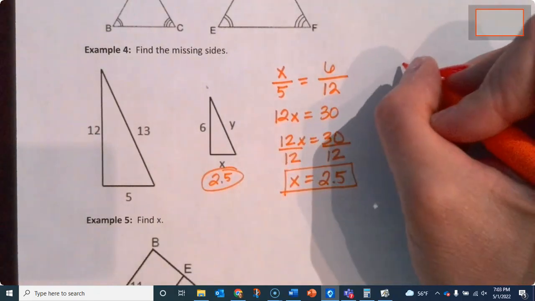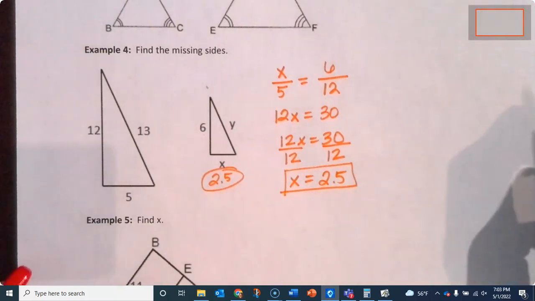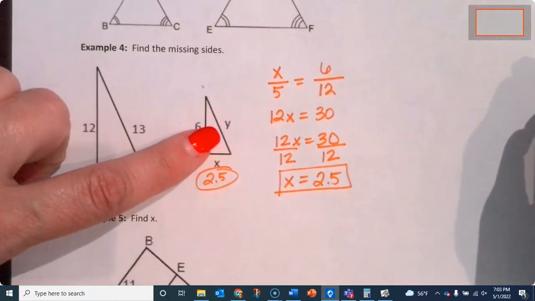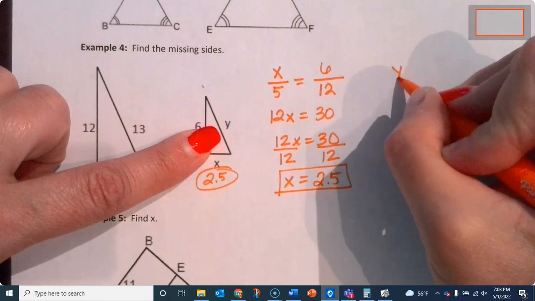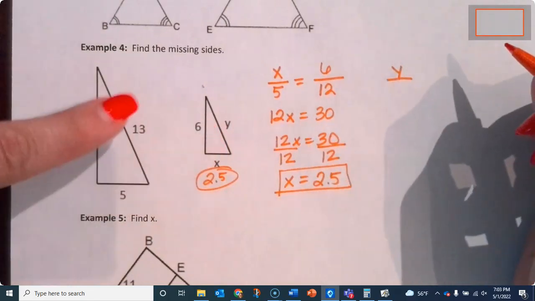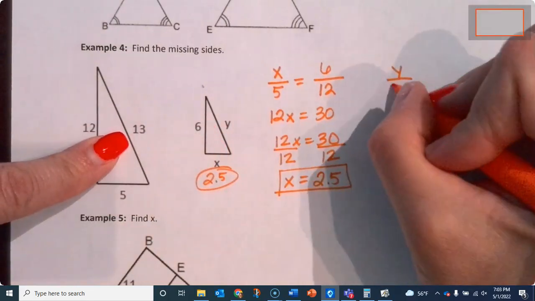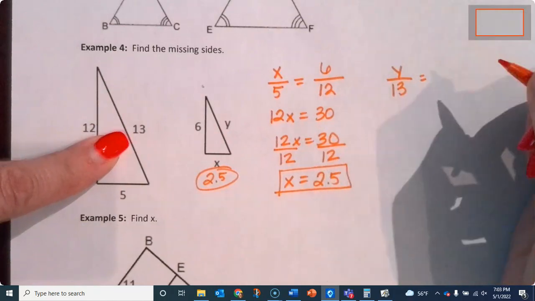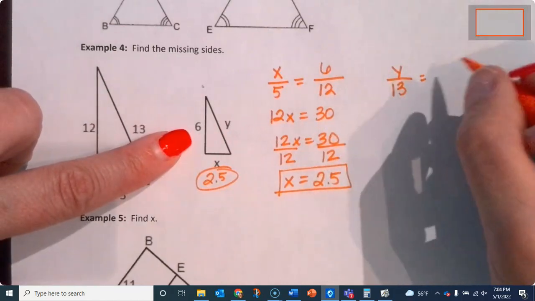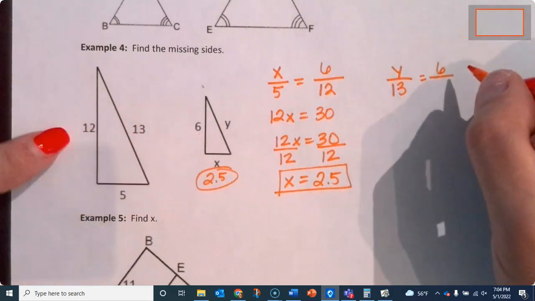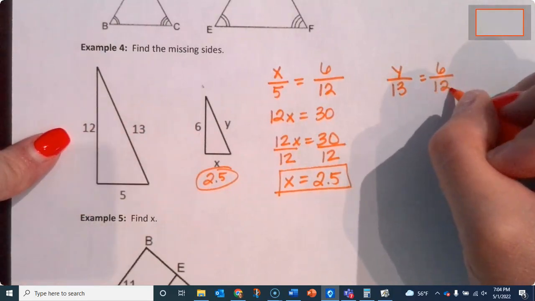Now we want to find Y. So setting up a proportion again, because sides are proportional, putting Y in the numerator over 13, because that would be the corresponding side on the other triangle with it. And then again, over the side that we know, 6 over its corresponding side, which is 12.